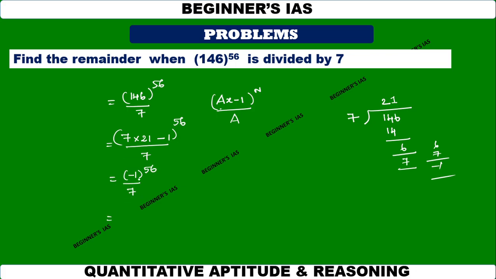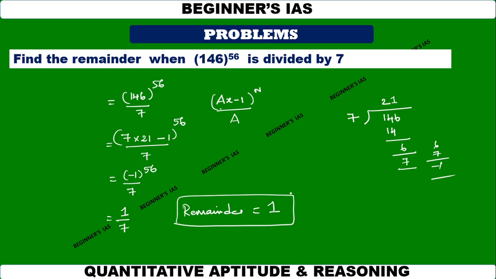Minus 1 to an even power surely leaves you 1 divisible by 7. The numerator is less than the denominator, which means the remainder is going to be the numerator. Or in other terms, the dividend is 1 and the divisor is 7. If the dividend is less than the divisor, surely the remainder is going to be the dividend. So with this logic also we can identify the remainder.